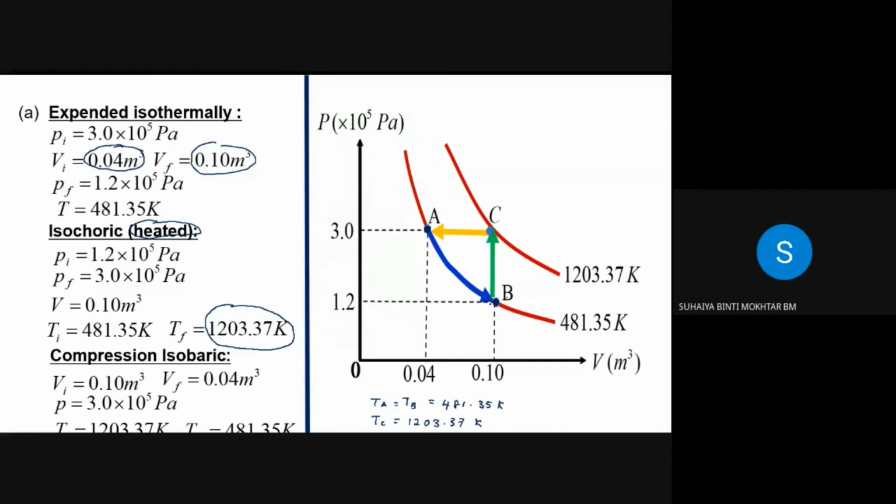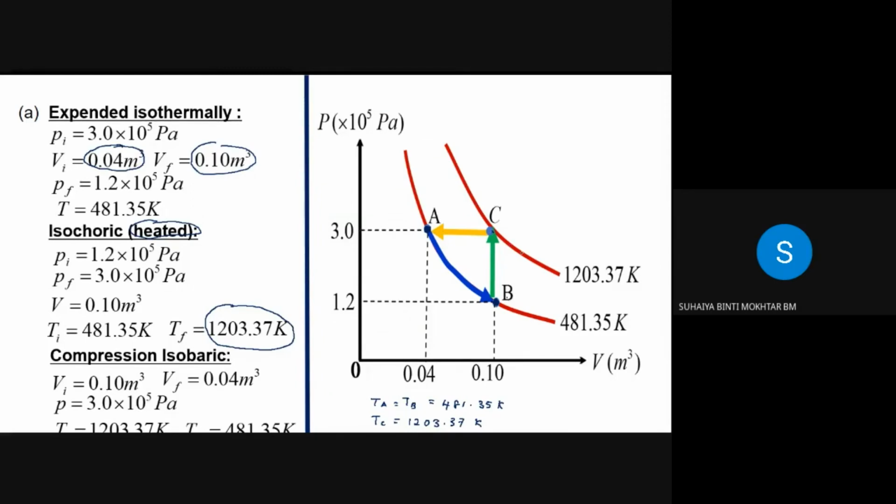Okay, madam. Then continue isochoric. Initial dia, sebenarnya initial dia kita tak perlu calculate sebab dah wujud pada final isothermal. Kita hanya perlu calculate final dia. Okay, maksudnya kita calculate apa? P final pun tak perlu calculate sebab dia kata kembali ke point value yang asal, right? So dia kembali tu 3 times power of 5 Pascal.